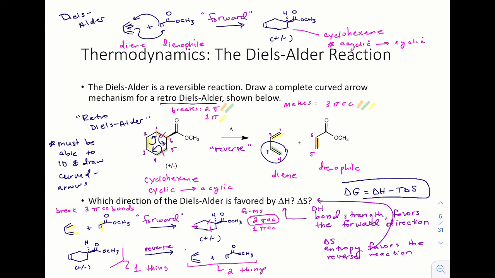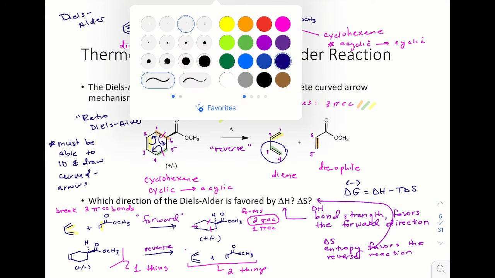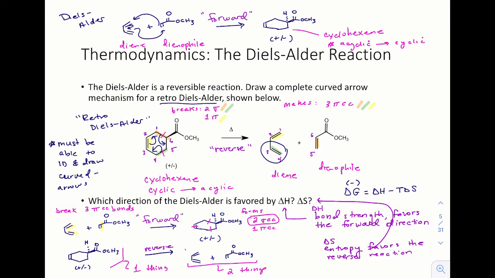Recall the expression for the Gibbs free energy, which favors a spontaneous reaction when delta G is negative. The enthalpy term, delta H, is most significant at low temperature, whereas delta S predominates at high temperature, since temperature is a factor in that delta S term. Now, what the exact temperature is that changes the predominant factor from delta H to delta S varies from reaction to reaction.